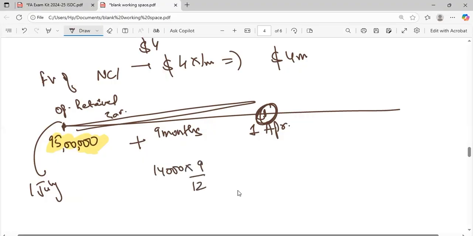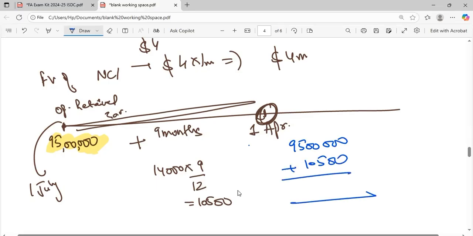So let's calculate this. 14,000 times 9 by 12. This is coming out to be 10,500. Okay. So over here on 1 April, my retained earnings are going to be this 9.5 million plus 10,500. Add them. Let's see what's coming out.